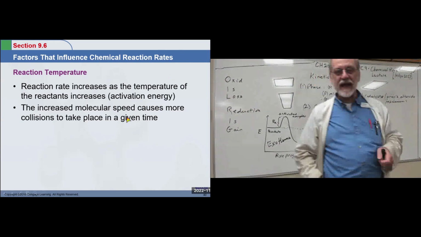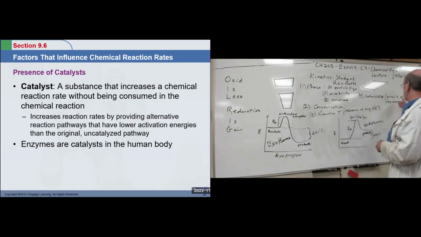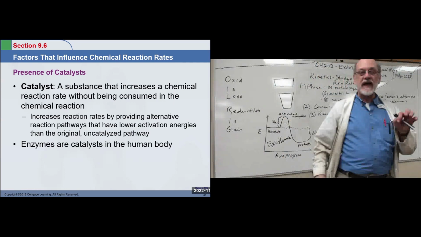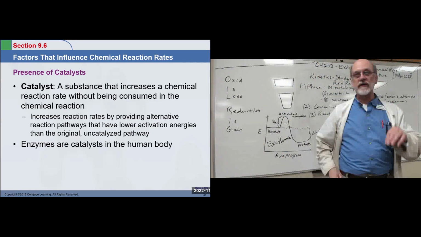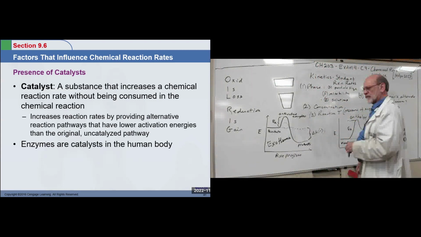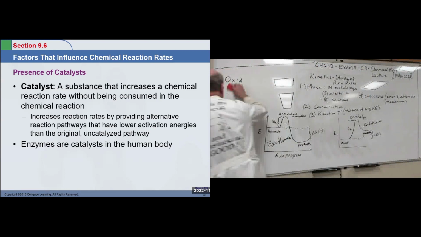Catalysts. Catalysts increase the reaction rate by providing an alternate reaction pathway. That's what I meant here. And that alternate pathway has a lower activation energy required. So if you have hydrogen peroxide, for instance, let's put it over here.